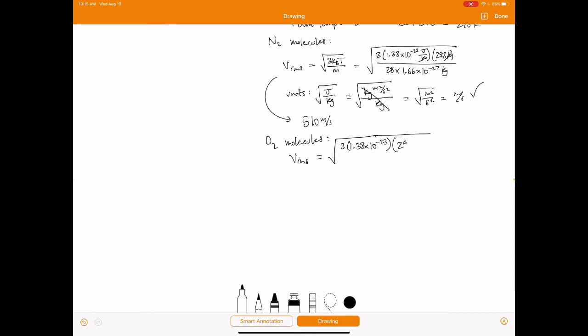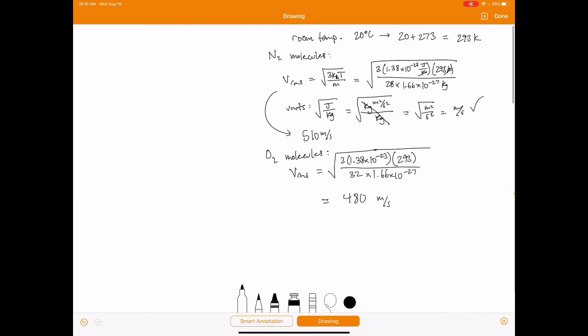The temperature is 293, but this time the mass is a little bit greater. 32 atomic mass units for O2 molecules times 1.66 times 10 to the minus 27. And again, we've seen that this will work out in meters per second. It works out to 480.